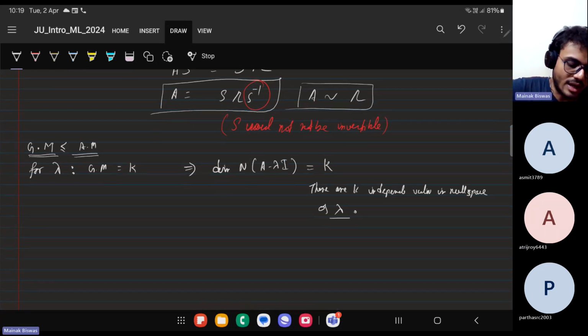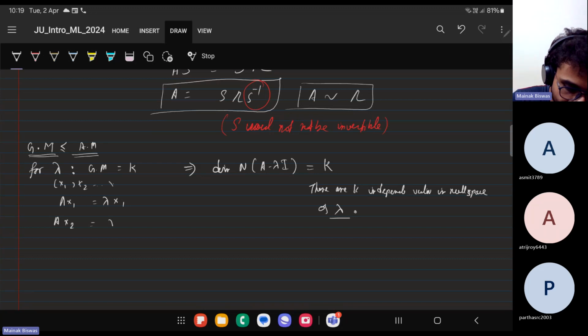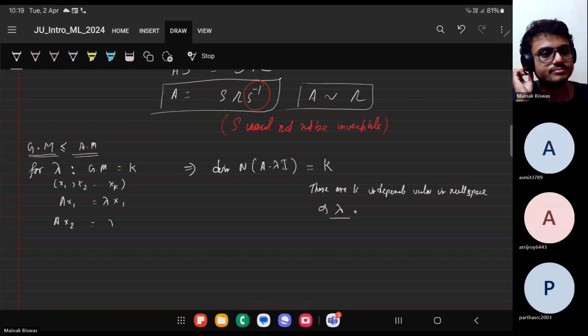Good. If you agree, so can I write Ax1 equal to lambda x1, Ax2 is equal to lambda x2, and let us note them as x1, x2, dot, xk. Happy? Okay. Yes.